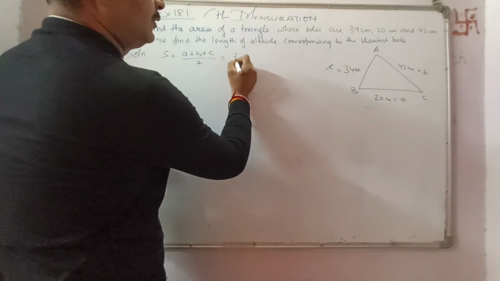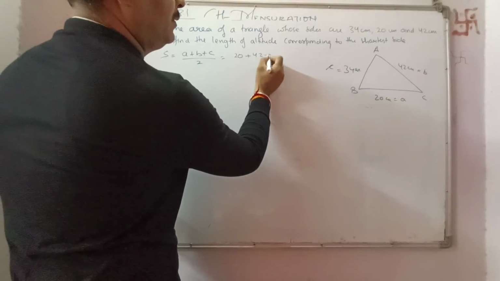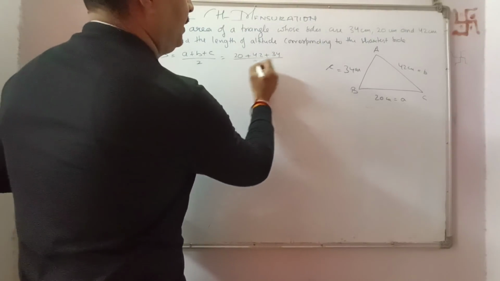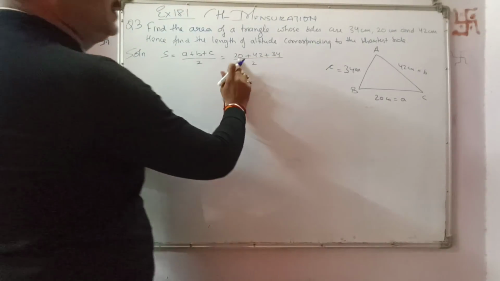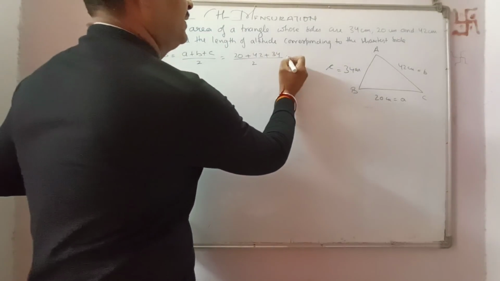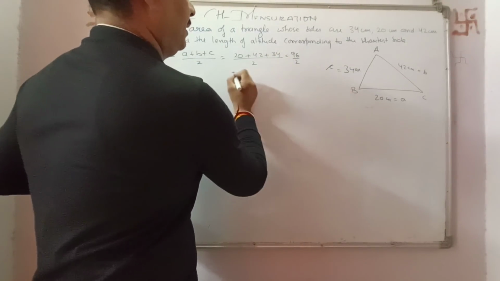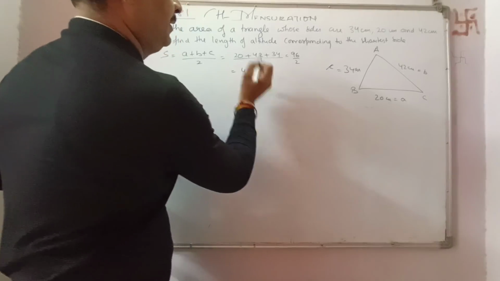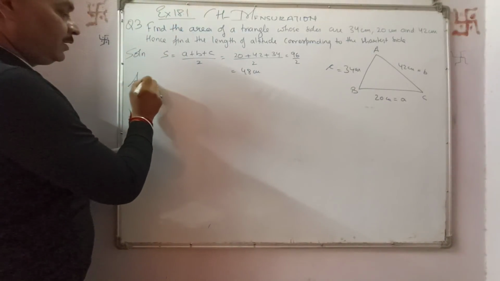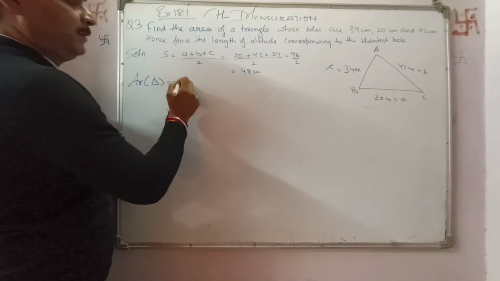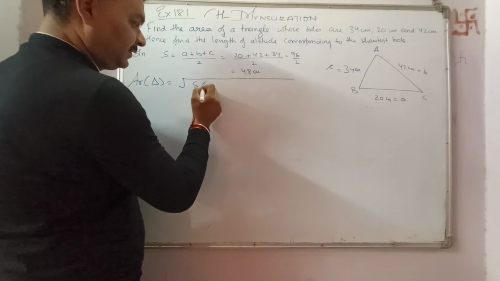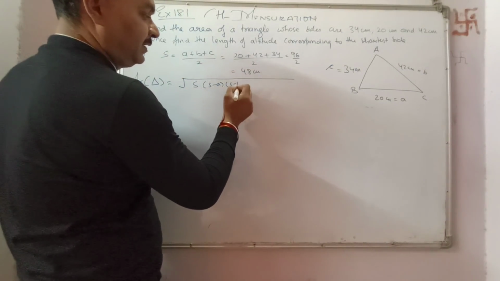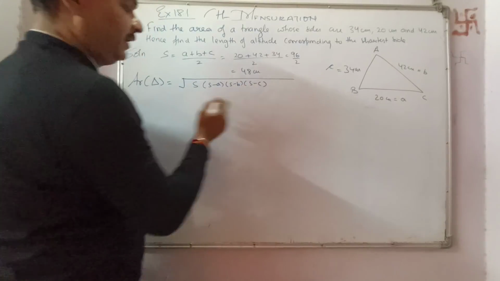A is 20, B is 42 and C is 34, by 2. That is 96 by 2, that is 48 centimeter. Now the area of this triangle will be given by under root S, S minus A, S minus B, S minus C.